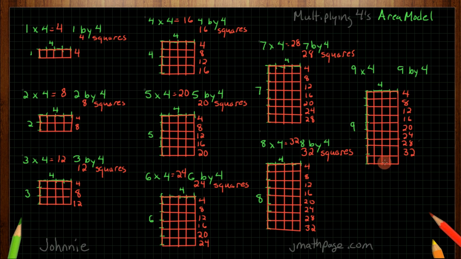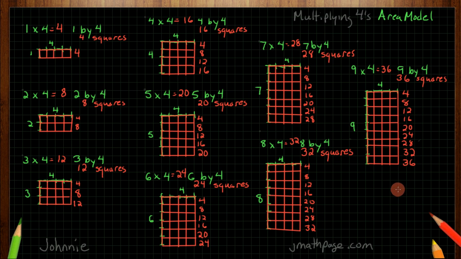But we need that last row, don't we? So 32, 33, 34, 35, 36. All right, so we know now that a 9 by 4 rectangle holds 36 squares. That also tells us that 9 times 4 equals 36.